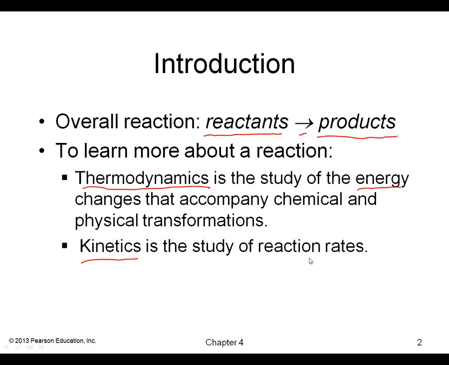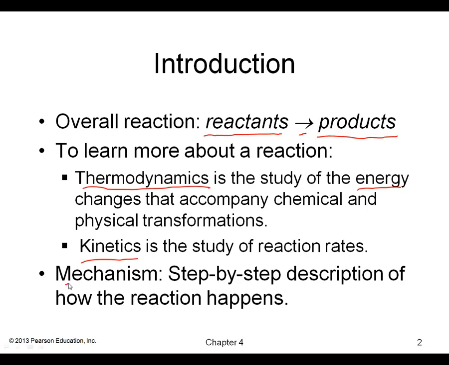Does the reaction occur fast? Does it occur slow? In thermodynamics, is there an energy drop, or does the energy rise in the reaction? And so here we'll be talking about favorability of a reaction. Here we'll be talking about how fast or slow the reaction occurs.